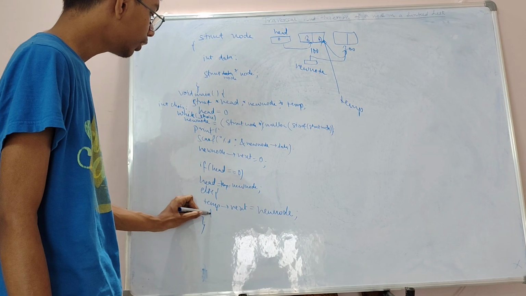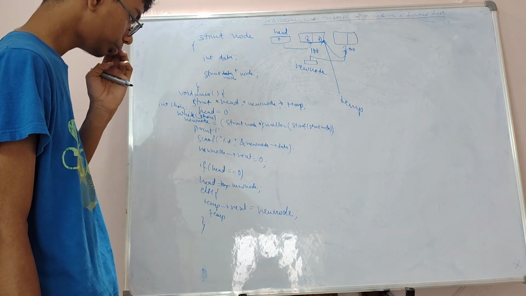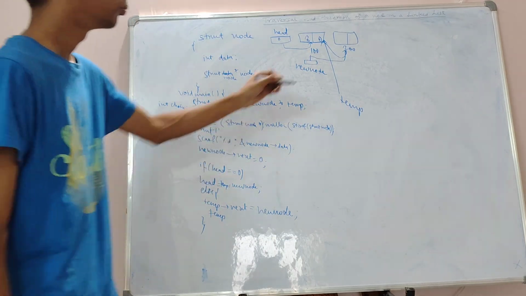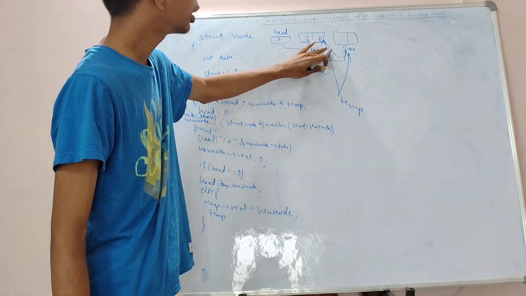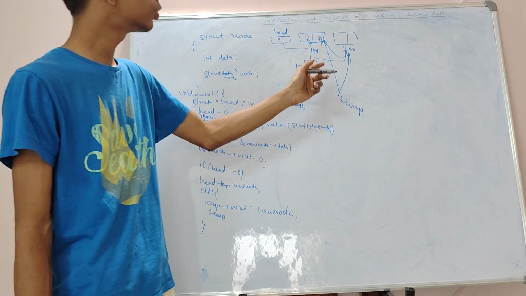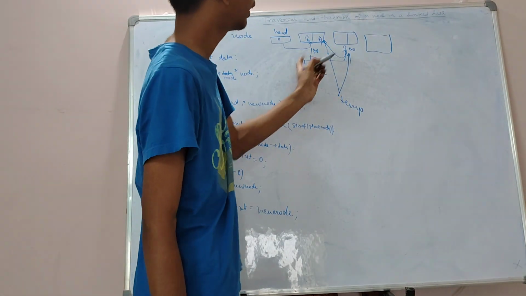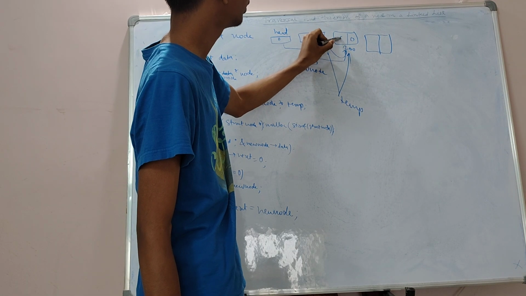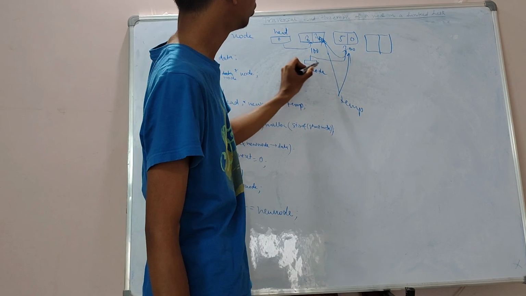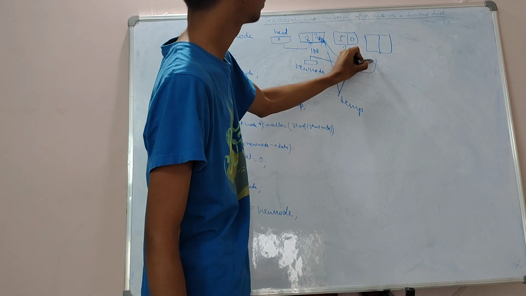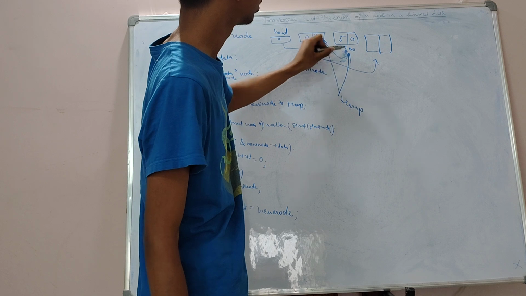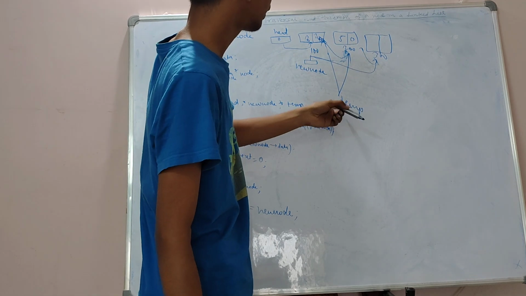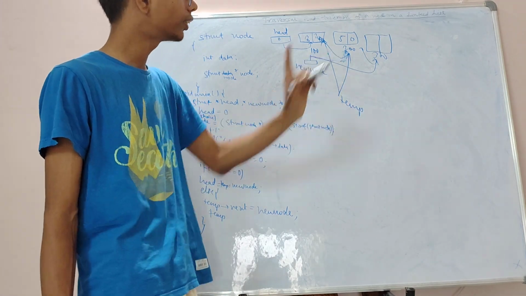And then I will make my temp point to the next node again, so that if I create a new node, suppose here it is 200 and I have entered 5, and this is again a new node, and this time this is pointing here, not here, right? So this time this is address 300 and I have to store this here. So for that I will again make my temp point there, right?